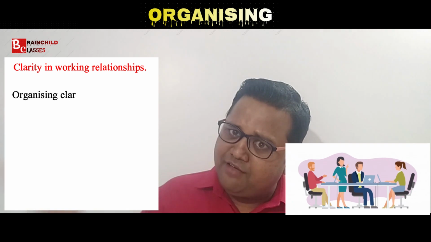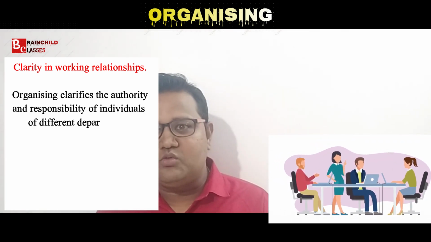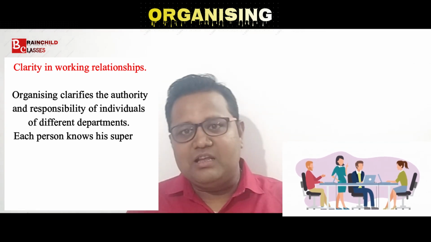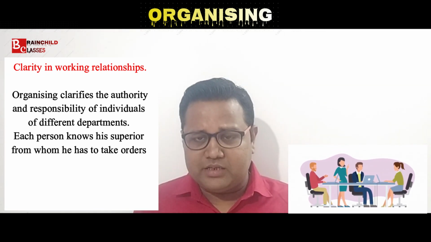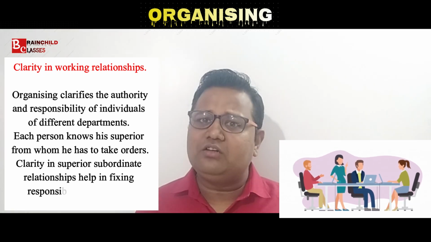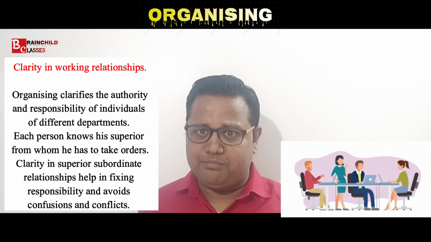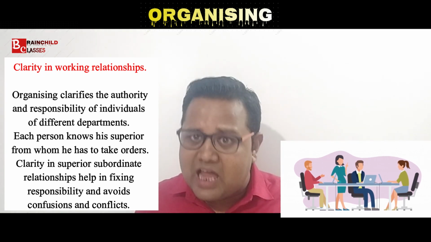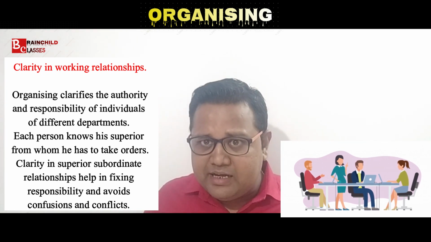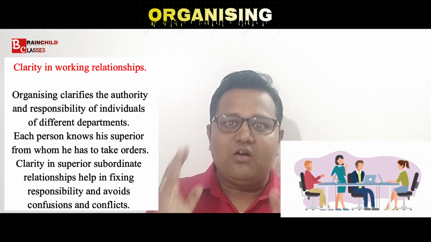Number 2 is clarity of work relationship. Under organization, everyone knows what my work is, what my duty is, what my limitation is, what my power is. That is established, clarity of work; none will interfere in another's work or another department, nor does the organization allow it. That binding of work is known as organizing.